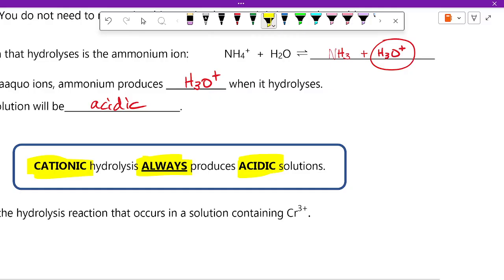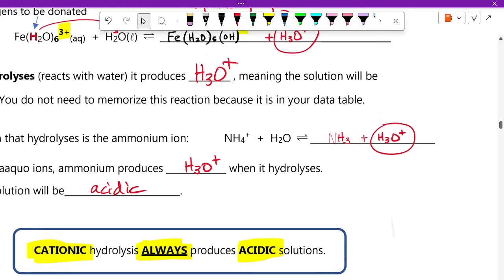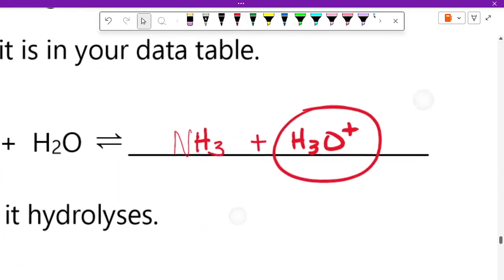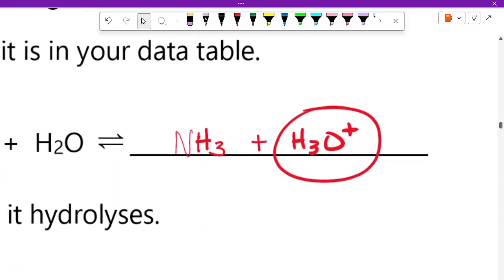I did also want to point out to you that sometimes people will look at this and they will say, oh, look, what did we make? We made NH3. What is NH3? NH3 is a weak base. And so they will say, oh, this solution must be basic.